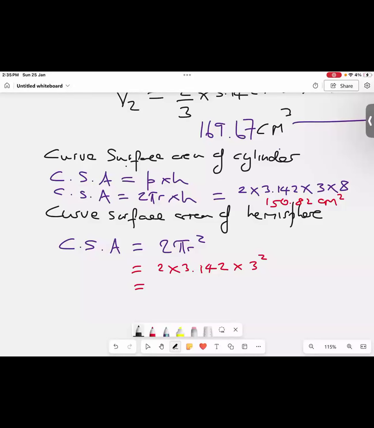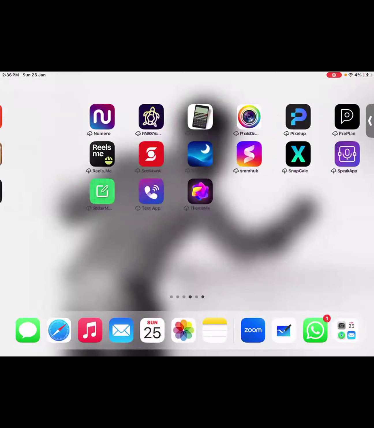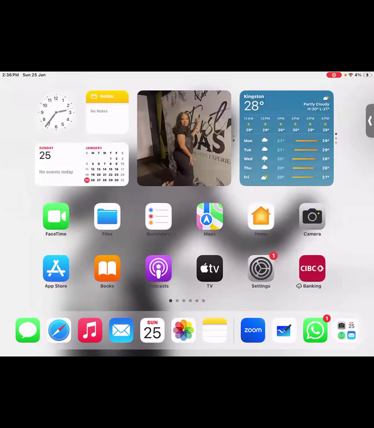Excuse me, sir. Yes, there. I got 56.556. It's 2 times 3.142 times 3 times 3, which would be 9. So let's do the one at the top then. All right. So let me just use the calculator.